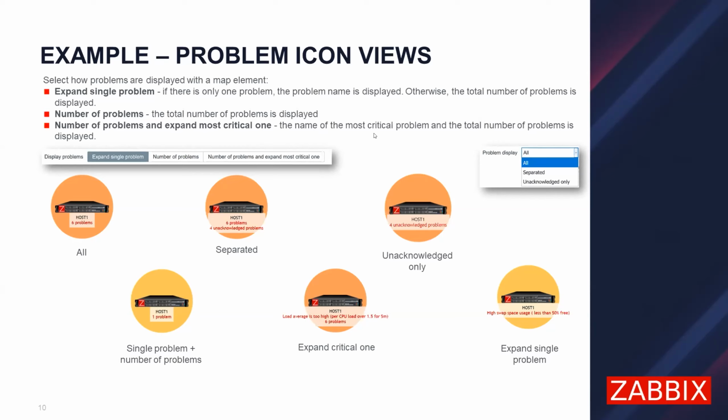And you may have just a number and expand the most critical problem here. So everything is up to you. You can design. You can try different variants. So everything is open. Just feel free to test everything here.